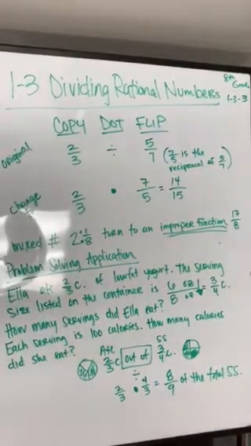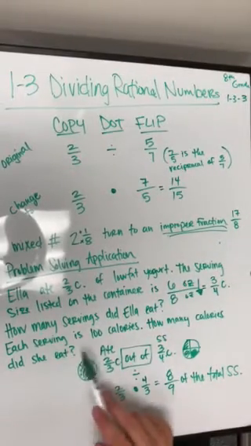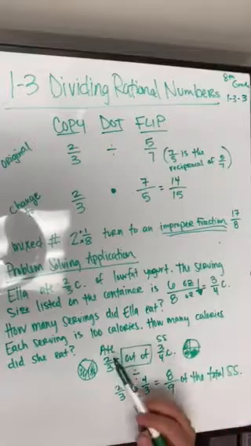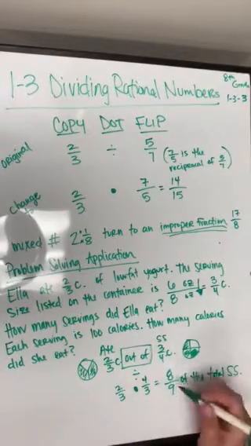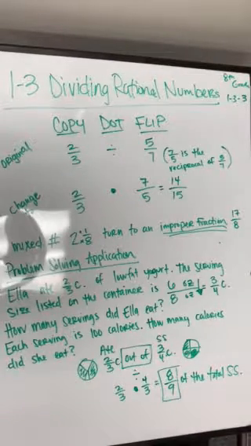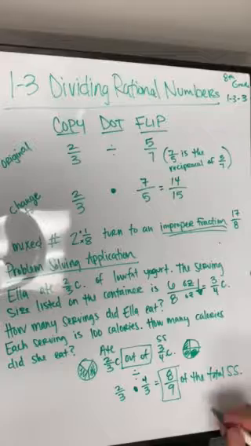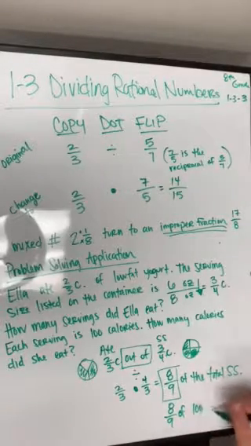Now, that's not the only question that it asks. It says each serving size is 100 calories. And how many calories did she eat? If she only ate 8/9 of the total serving size, then she ate 8/9 of 100 calories.